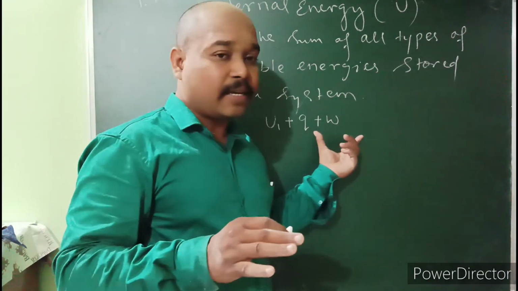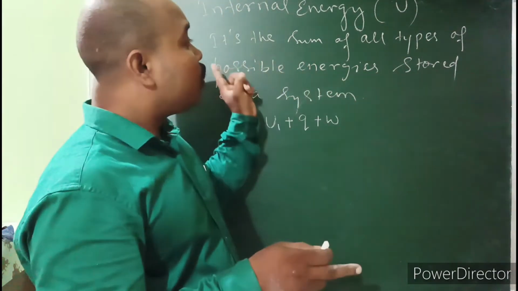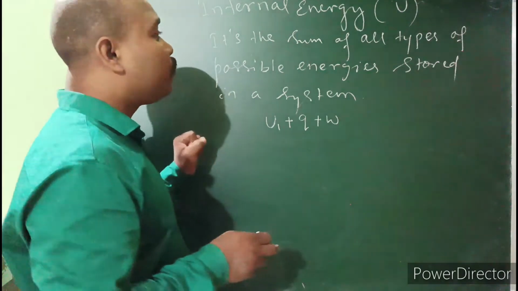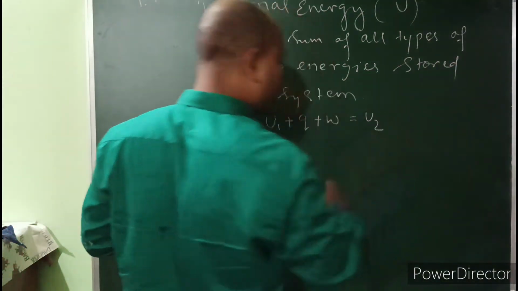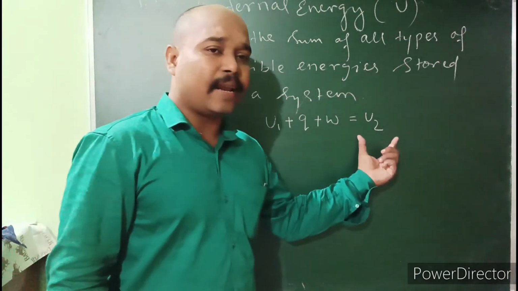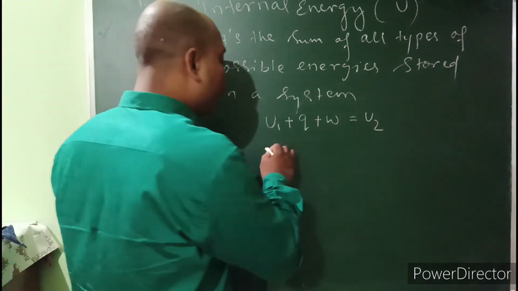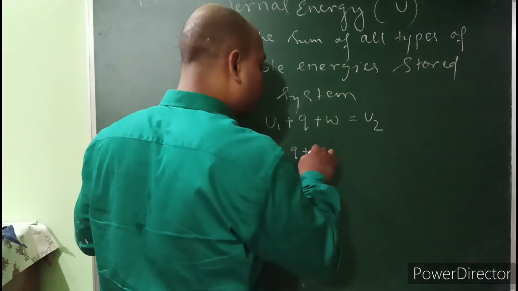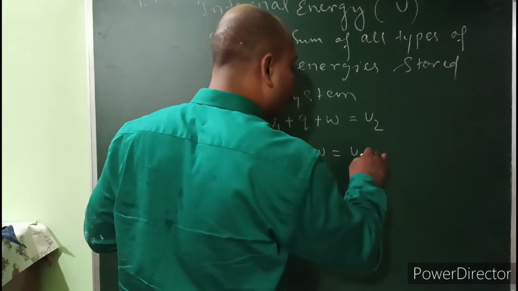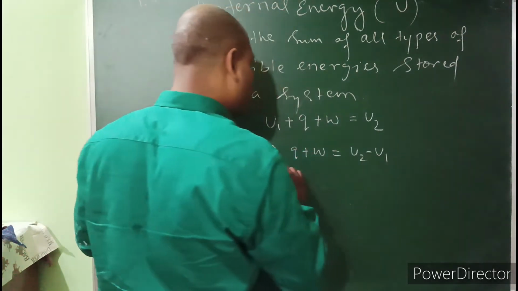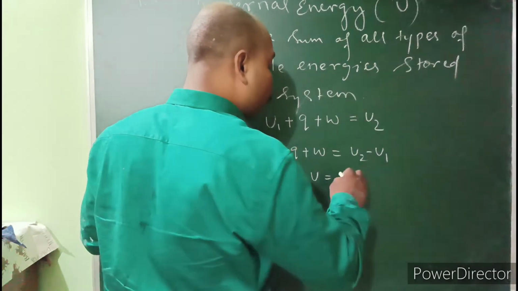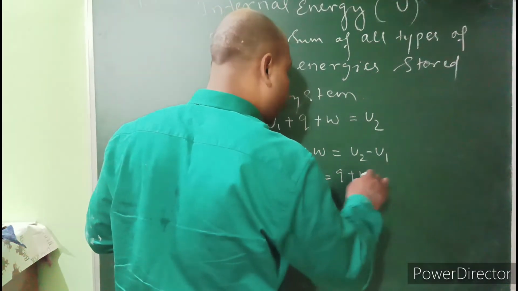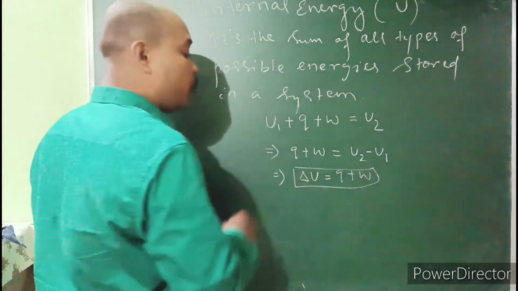That's why I am adding it, which according to the definition of internal energy is equal to U2, the final internal energy. So our formula becomes Q plus W equals to U2 minus U1. So we can write del U equals to Q plus W. This is one of the formulas.